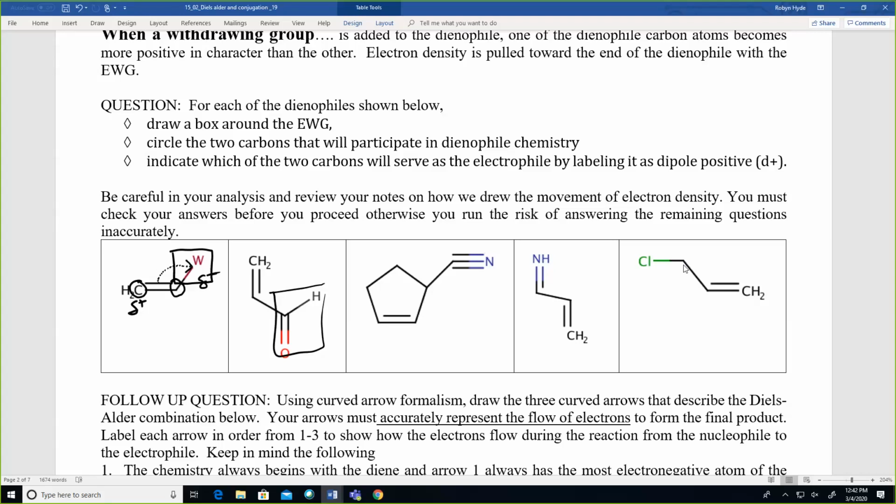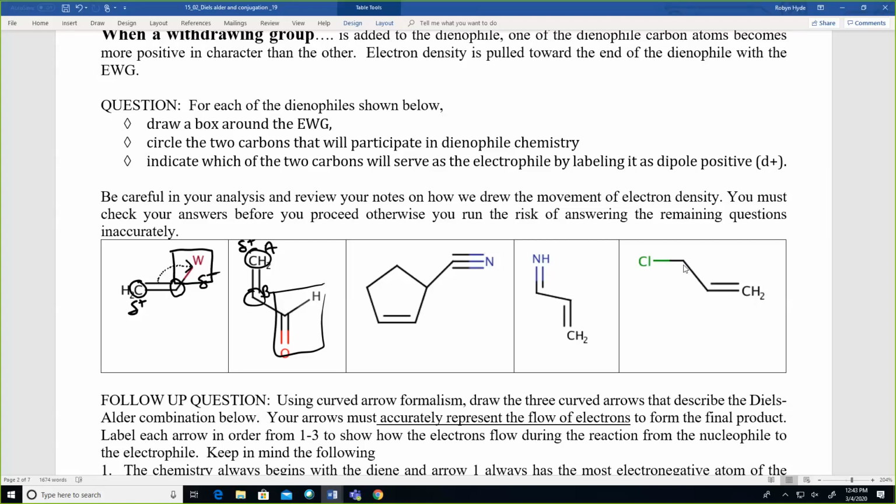These are the two carbons involved in my chemistry. If I label the top one as carbon A and the bottom one as carbon B, which one is my dipole positive carbon? Yep, carbon A. That's my dipole positive carbon. It's the one that will be attacked in the first step of Diels-Alder chemistry.